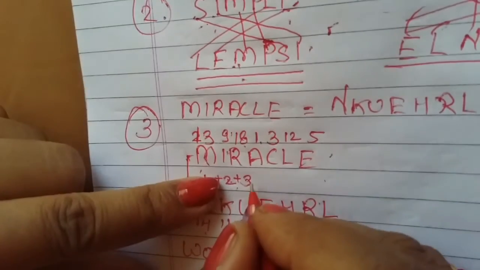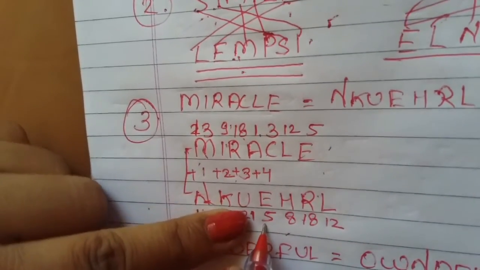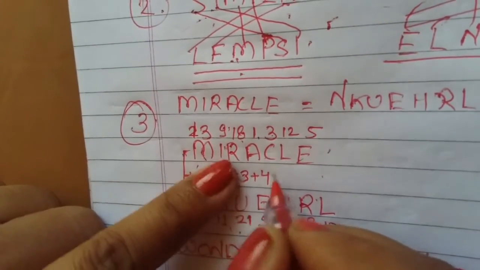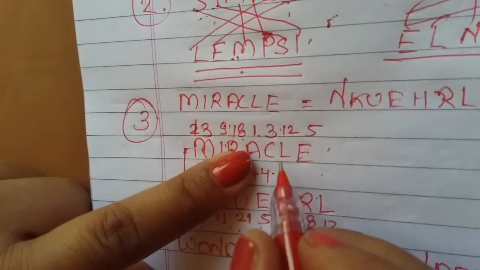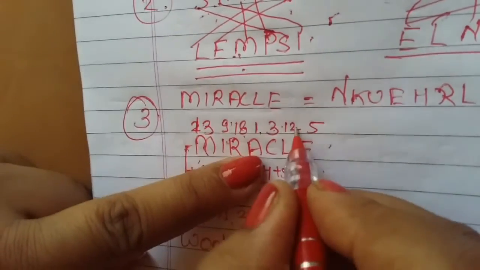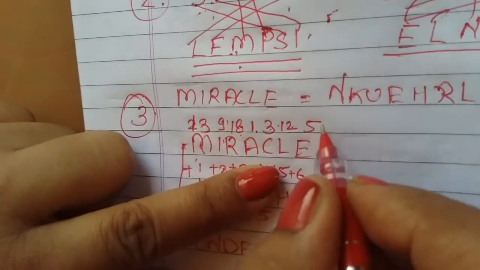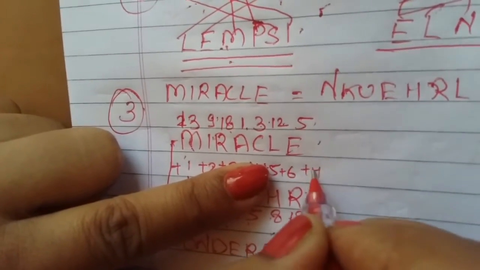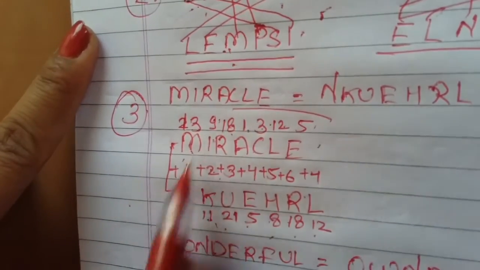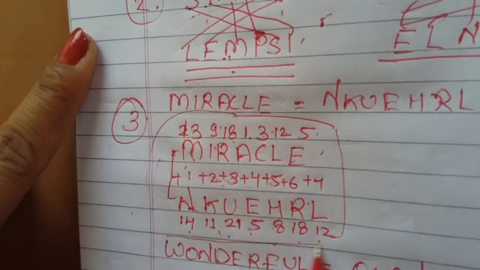Then 1 plus 4 is 5. In the same sense, the sequence goes on: C, 3 plus 5 is equal to 8, that is H. L, 12 plus 6 is equal to 18, that is R, and 5 plus 7 is 12. It is very beneficial in exams like banking, PO and clerk.